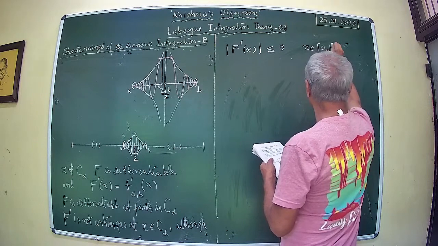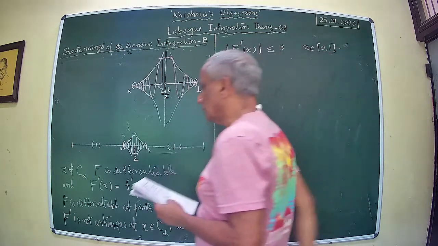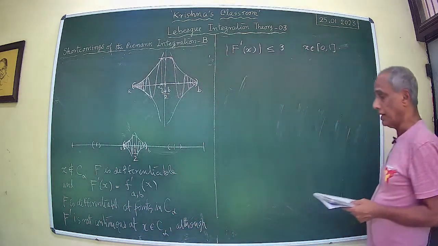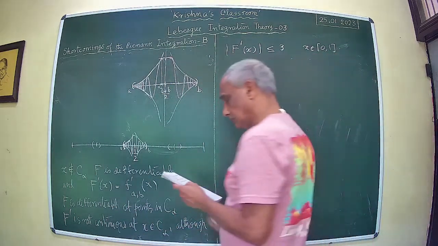So it is a bounded derivative but not continuous at the points in the Cantor set C alpha. Okay.